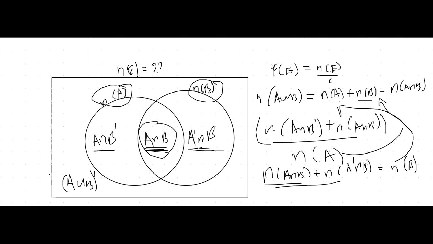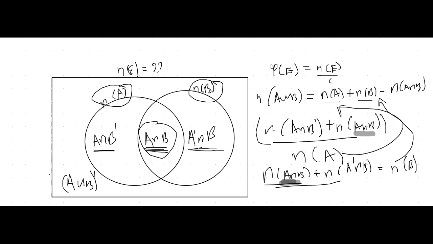So we shall have added this and this 2 times. Is that understood? Because we have added them 2 times by using number of A and number of B, we must subtract one of them so that we remain with only one.